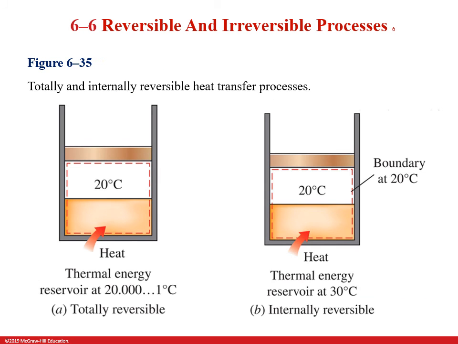All right, so here's a totally and internally reversible heat transfer process. So this one over here, you've got, say, a phase change from a liquid to a vapor, a very slow process, or you're doing this very slowly, and you're applying heat to the system. But notice, this is 20 degrees C in here, and you've got this in contact with a thermal reservoir that's at 20.00000...1 degrees C. So it's infinitesimally larger than the temperature inside, right?